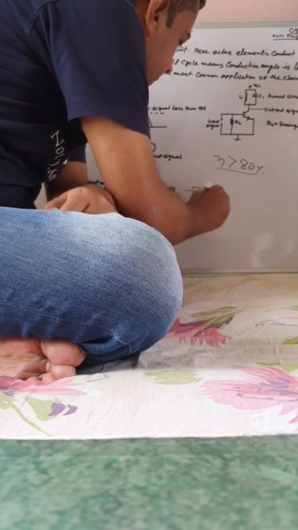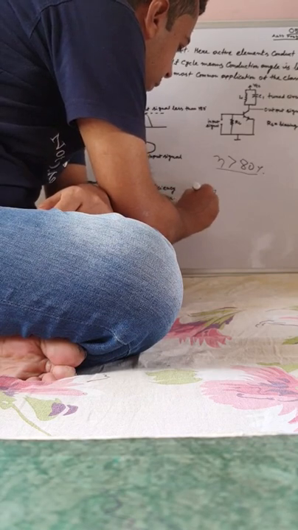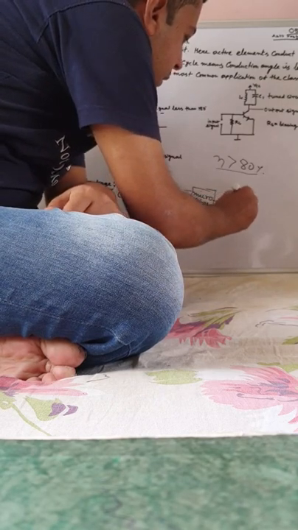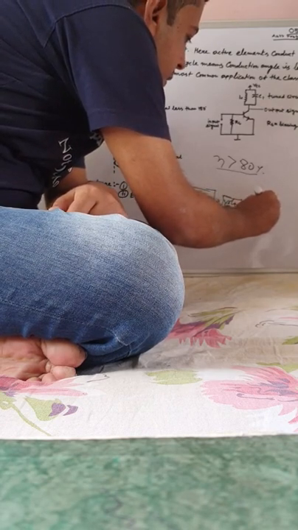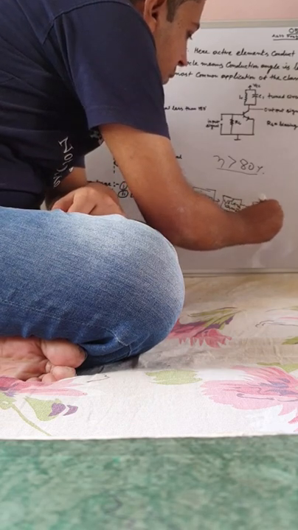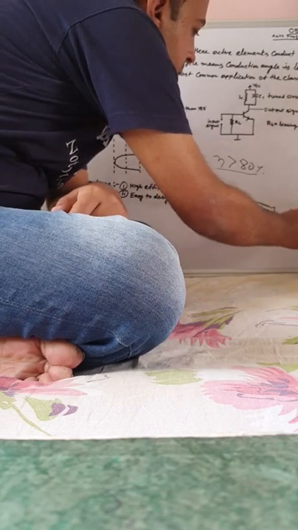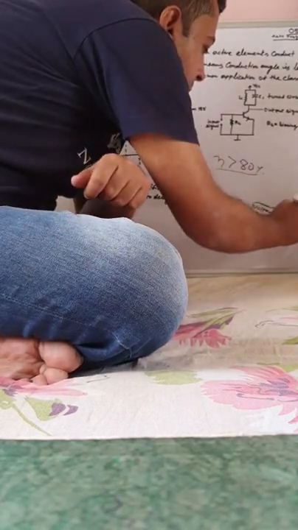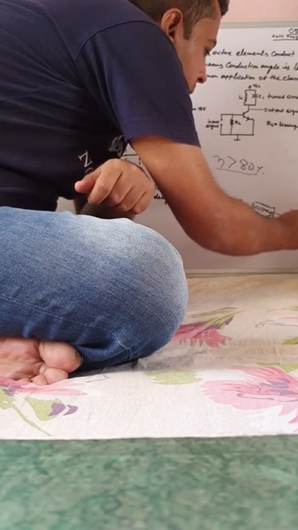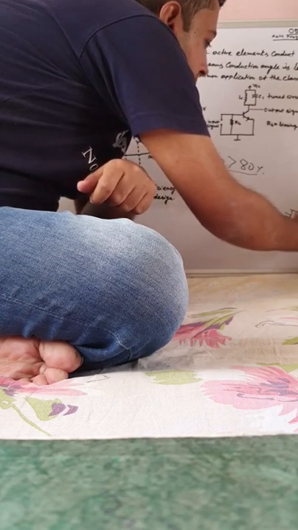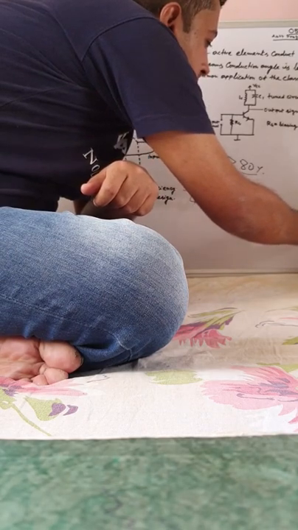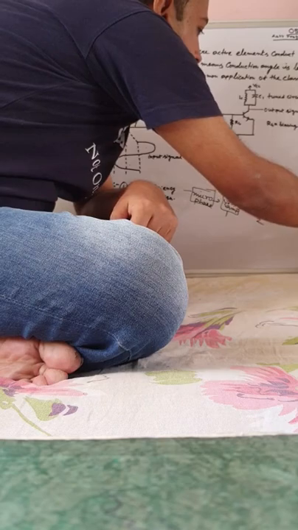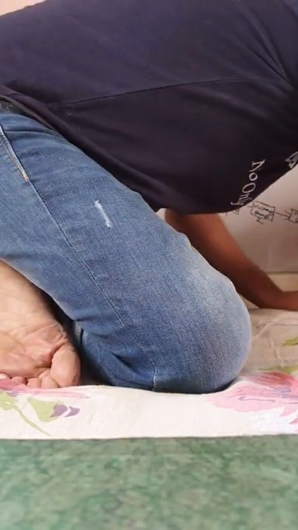Remember, this is the microphone, then voltage amplifier 1, voltage amplifier 2, then this is the power amplifier, and this is the loudspeaker.